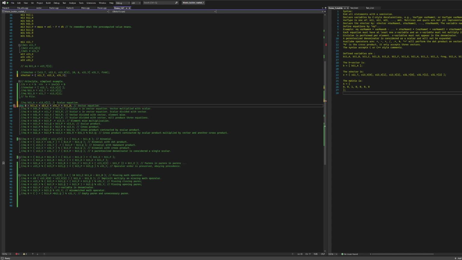This is a scalar and this is a vector, right? So what will happen is that this equation is 3 equations, because this is a 3 vector, and these are scalars. What I mean by that is that it adds the scalar to all elements of this vector.